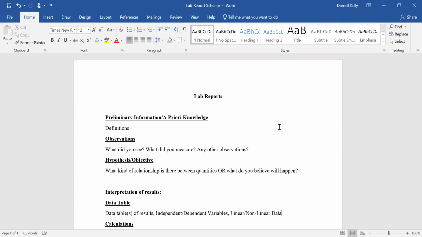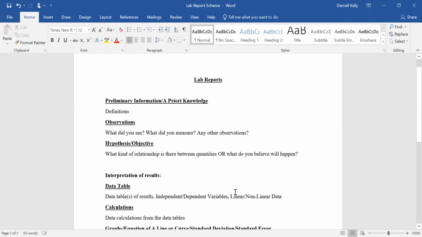You've seen that before in your algebra class. Non-linear, we're going to see that with acceleration and all that good stuff. So we get down to the bare bones of what an independent and dependent variable is. I'm sure you've heard of that before, in your bio classes more than likely.